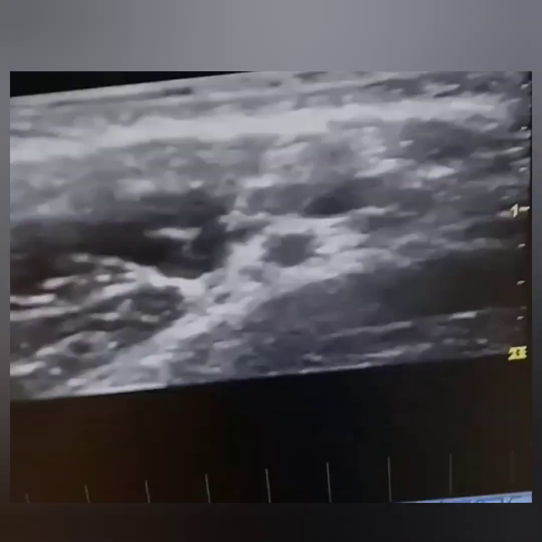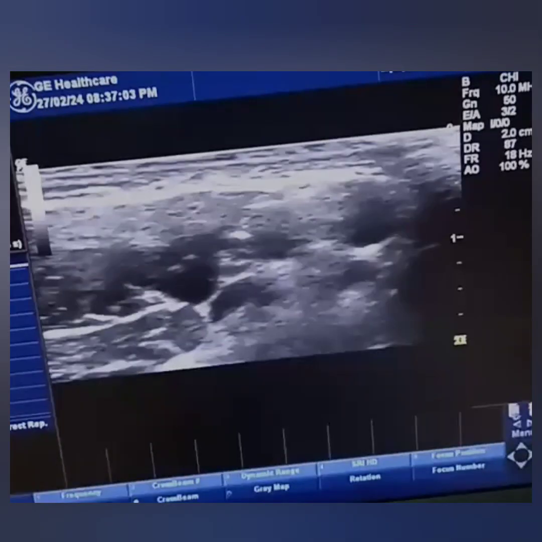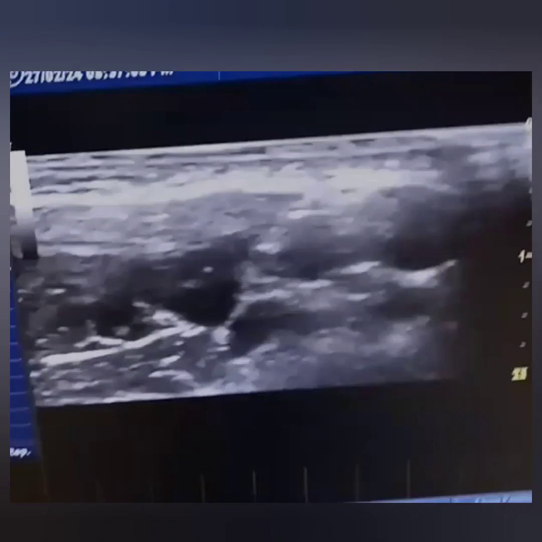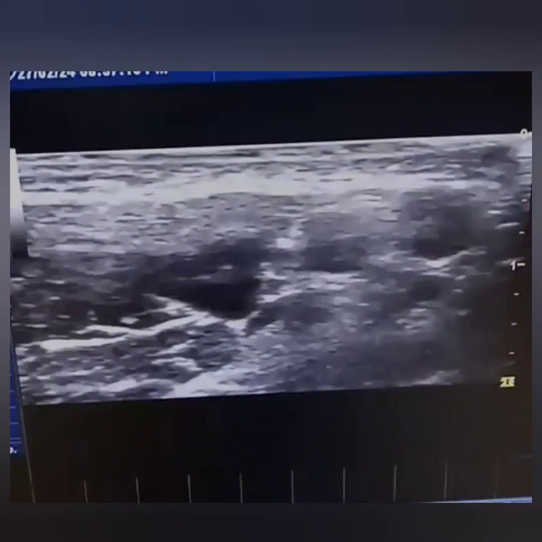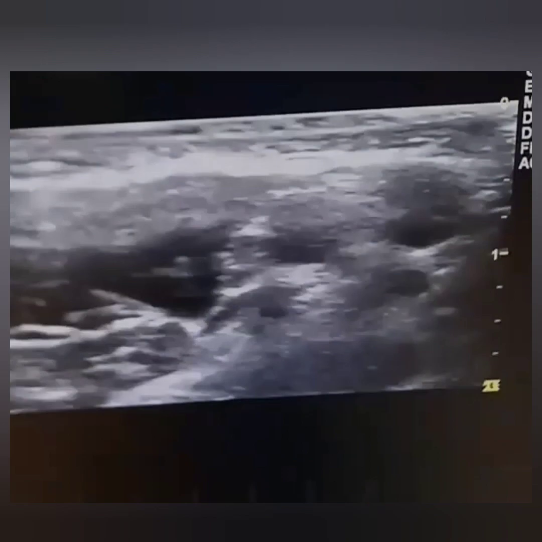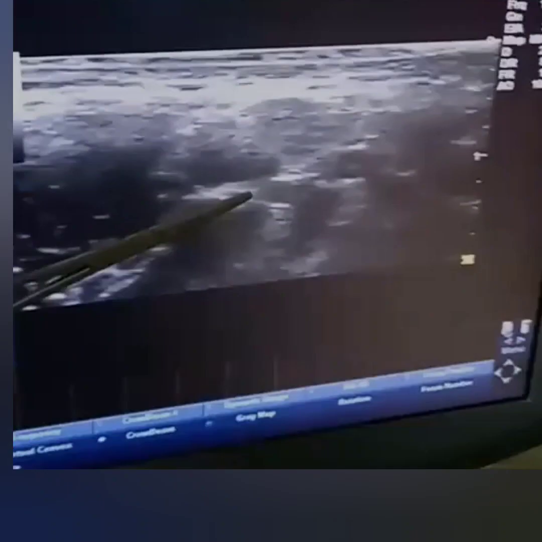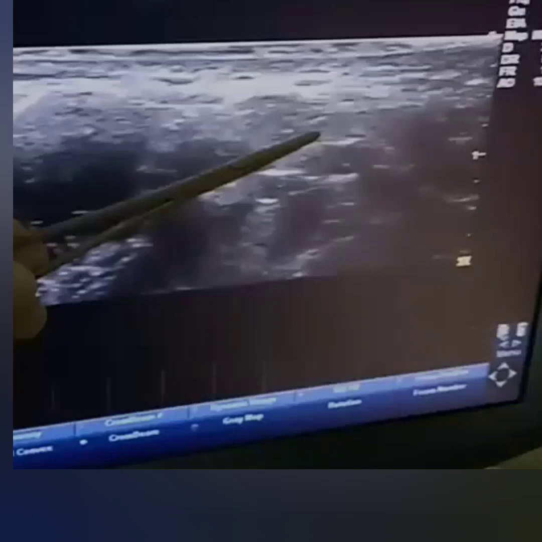Sir, which one is the vein? Can you show us? You are asking about the vein? Yes, this is the vein. Now see here.